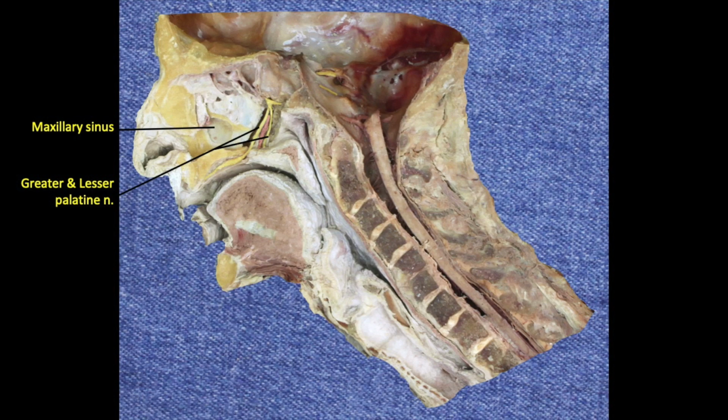Next, we remove the concha and expose the maxillary sinus, and crack the perpendicular plate of the palatine bone and expose the greater and lesser palatine nerves and their accompanying vessels.